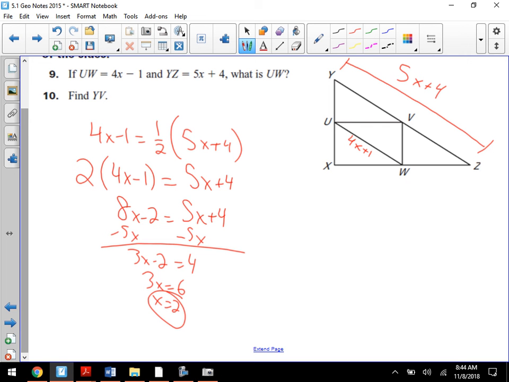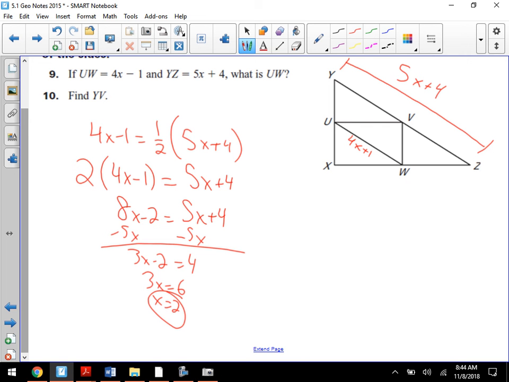So what is the other equation? They always start with the mid-segment is half the side it doesn't touch. But if you multiply both sides by 2, it's still valid. Double the mid-segment is the side it doesn't touch. Either one of these two, they're equivalent. It just depends on which one works better.